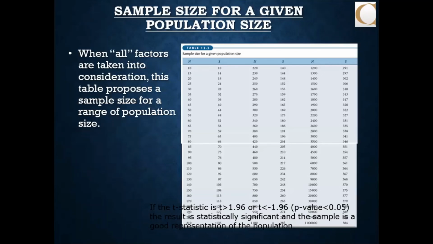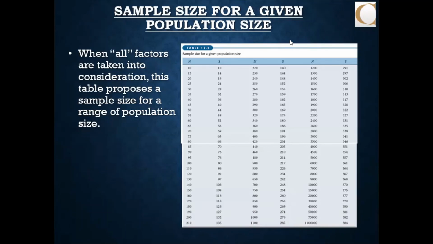So then when all factors are taken into consideration, this table proposes sample size for range of population size. So this is a good table.